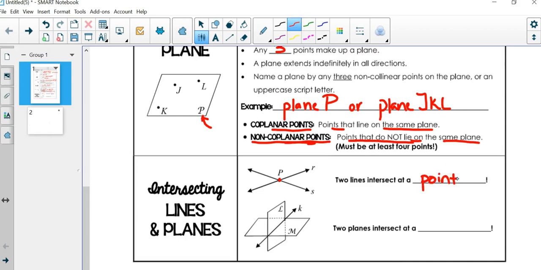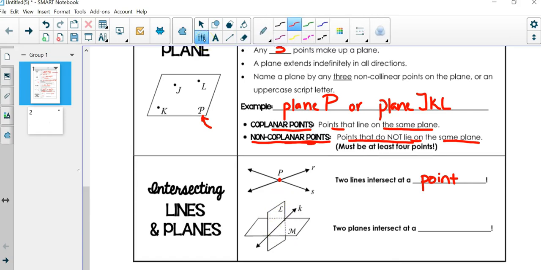All right, next let's go to planes. 2 planes intersect at a what? Well, let's look at our picture. Remember, a plane is a flat surface that goes on forever, right? So we have plane L over here and plane M. When they intersect is when they meet.